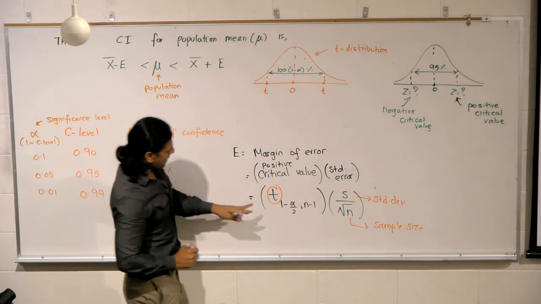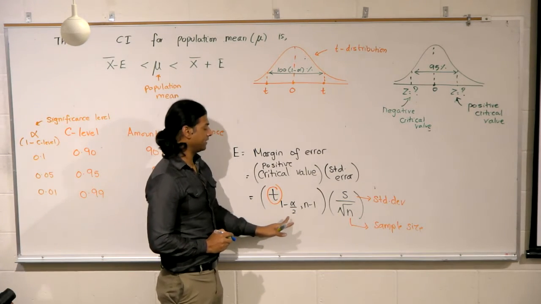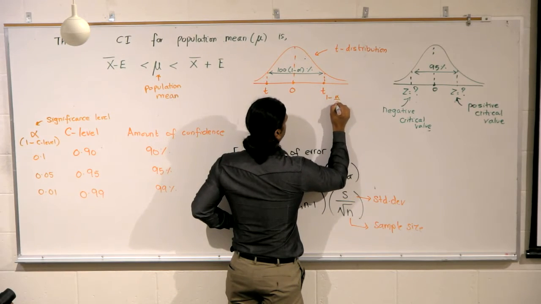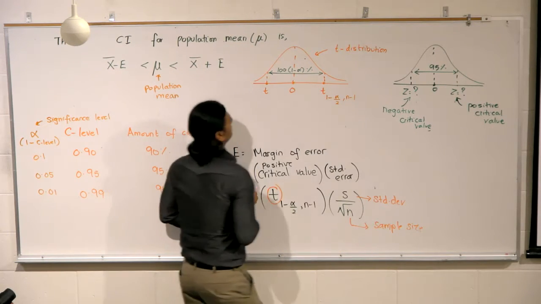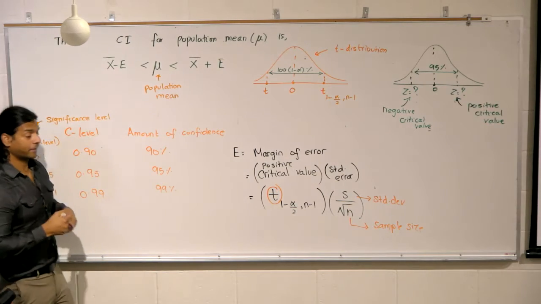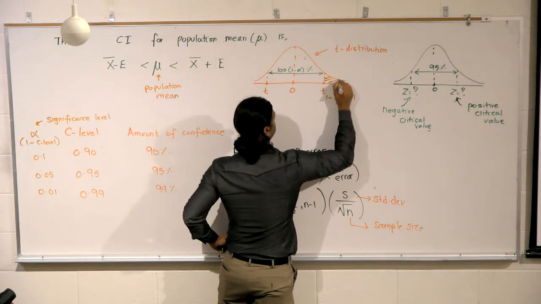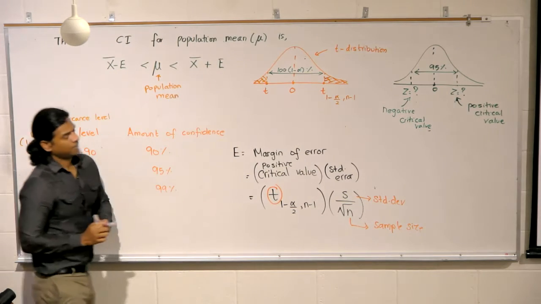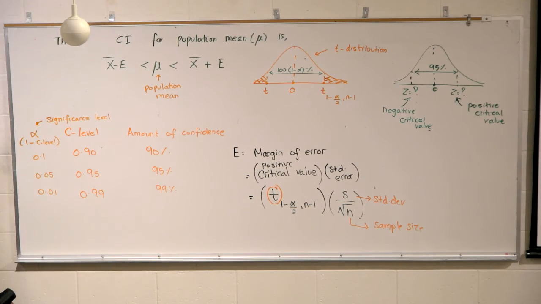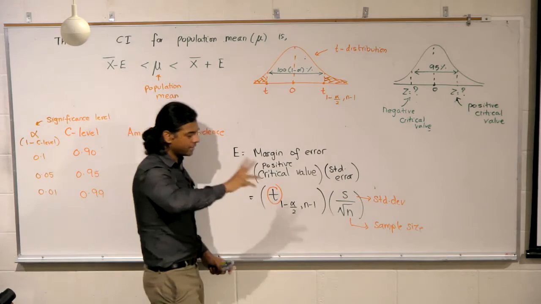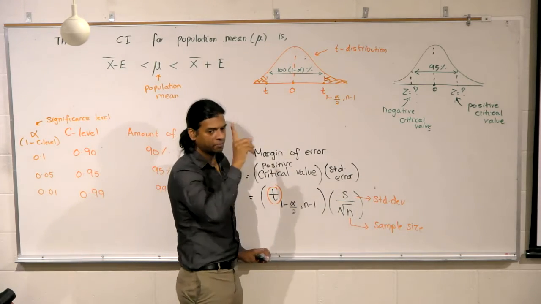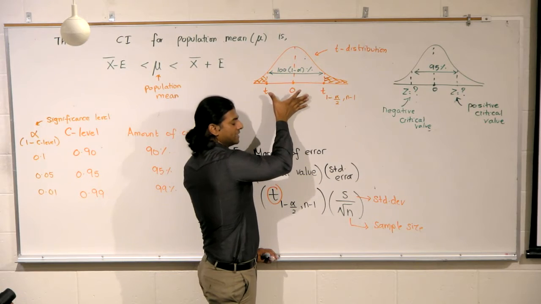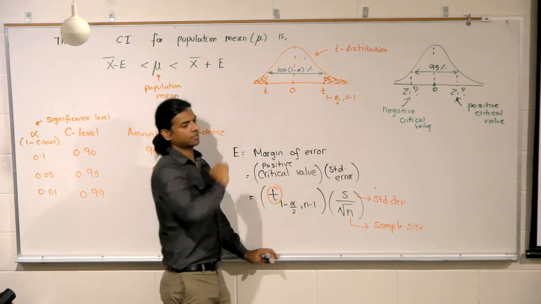The reason why I'm using 1 minus alpha over 2 is because of the shaded areas. In total, we know the area under the curve is 1. Okay? And if 1 minus alpha is in the middle, what percent is on either side?